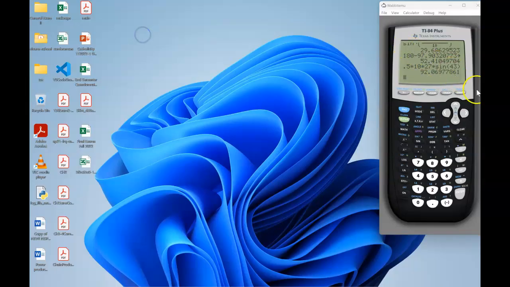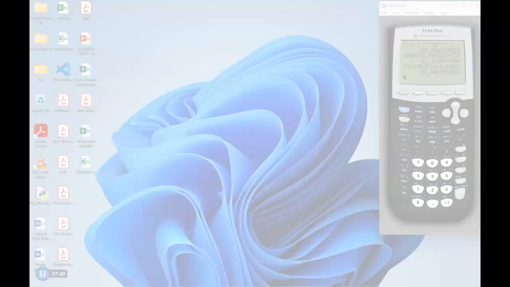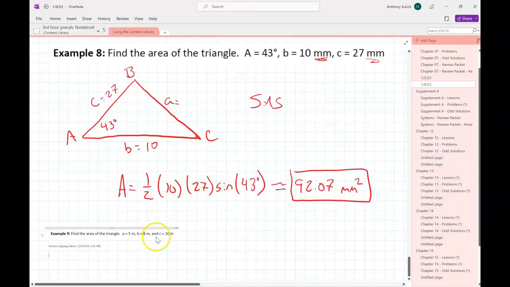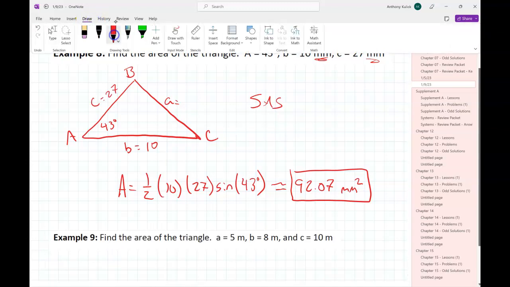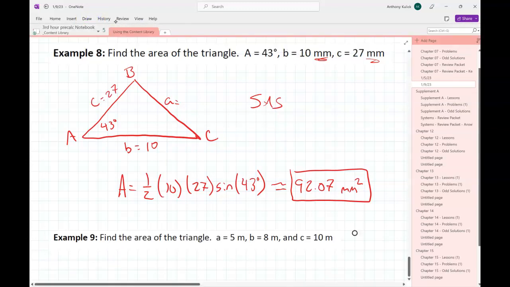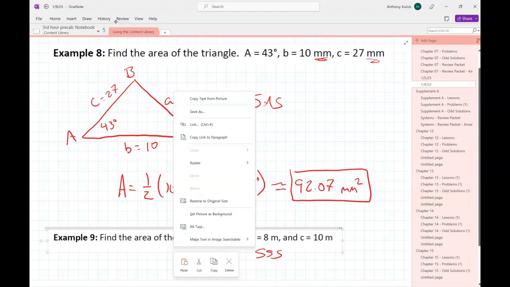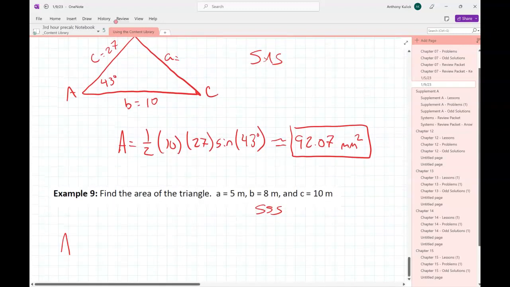What if we have this guy here? What situation is this? Shouldn't even have to draw the picture for this. This is a side, side, side situation, right? So I'm going to use that second formula.